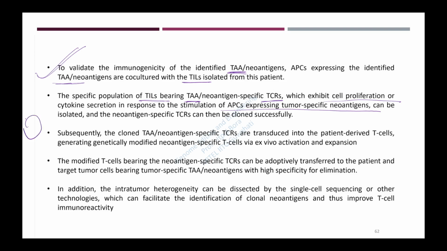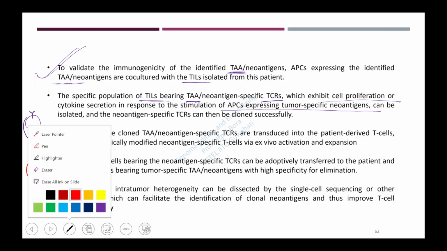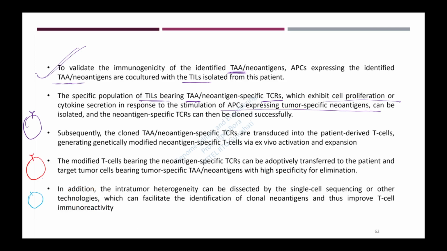Okay. So this is one receptor, another receptor T cell. Suppose this is another T cell. Okay. So a specific population of TILs, these lymphocytes, bearing a TAA neoantigen.